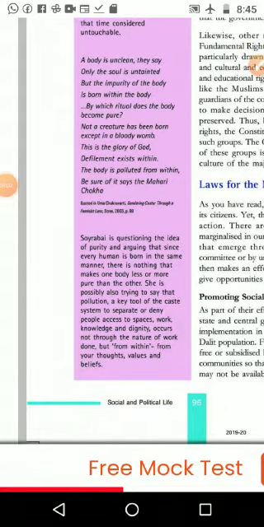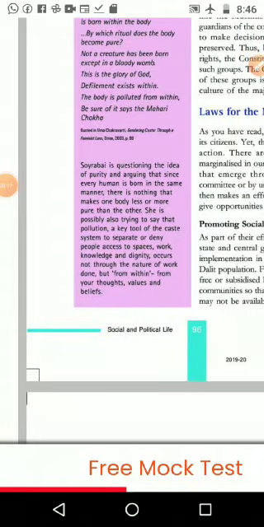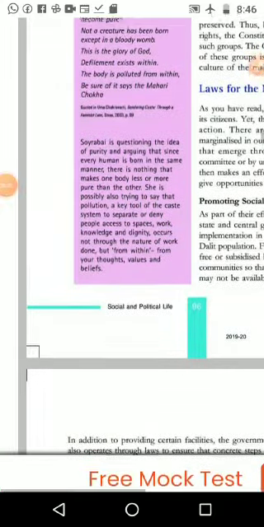But the impurity of the body is born within the body, by which rituals does the body become pure? Not a creature has been born except in the bloody womb. This is the glory of God. Defilement exists within. The body is polluted from within. Be sure of it, says the Mahari Choka.